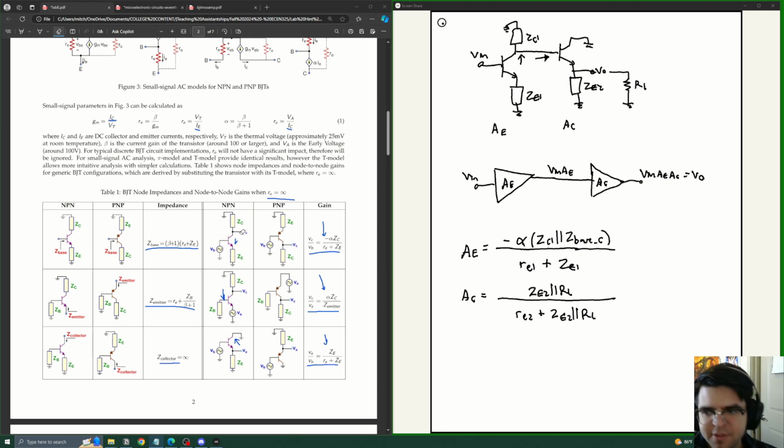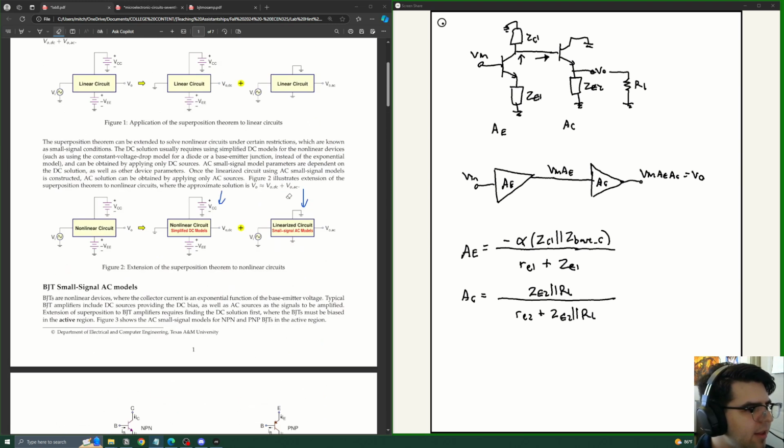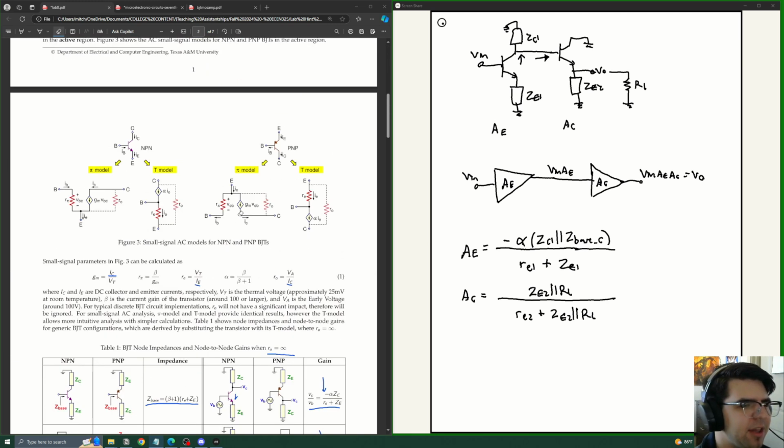And with this method, we've significantly simplified analysis. Before, we had these nonlinear circuits, and then we had these small signal models. Putting this together would have been an absolute nightmare of algebra to solve.